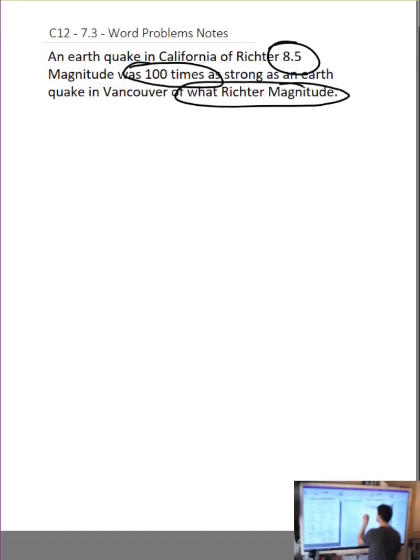Okay, an earthquake in California, Richter of 8.5 magnitude, 100 times as strong as an earthquake of what Richter magnitude? So we're going to start off with the intensity equation. I equals 10 to the b minus s.